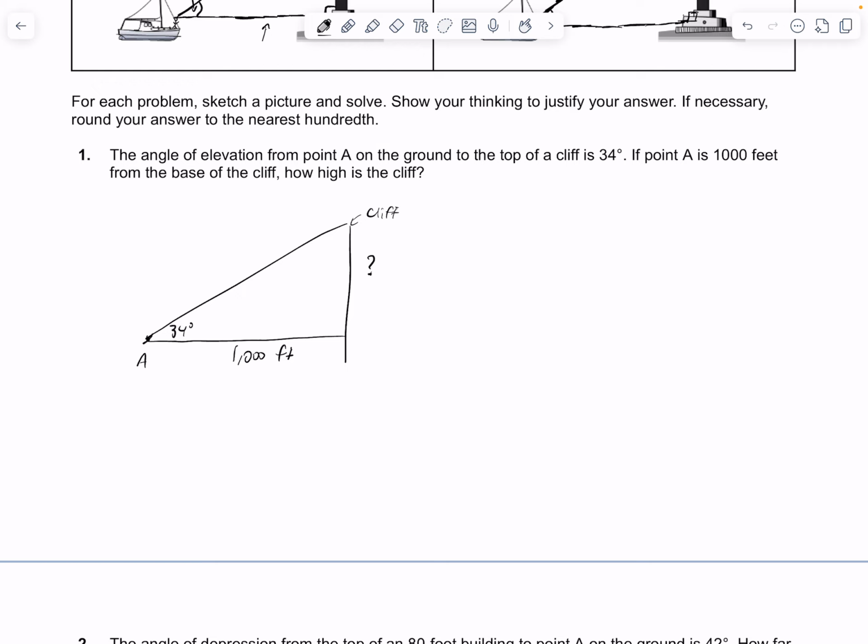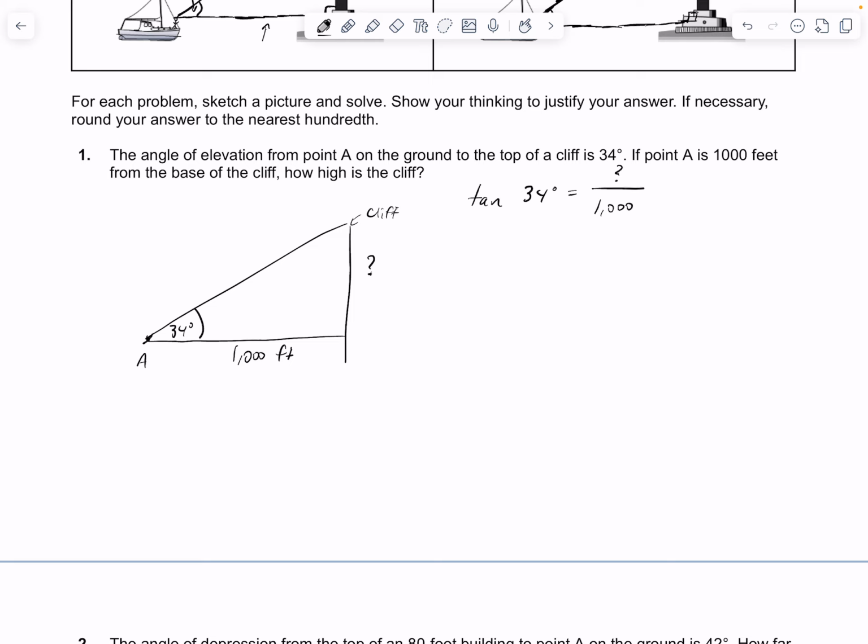In this case, using my trigonometry understanding with SOHCAHTOA, I'm looking for the side that is opposite my angle of 34 degrees, and I'm given the adjacent side, the distance from the base of the cliff to the point. So I'm going to use tangent to solve this one. Tangent of 34 degrees equals, I don't know how high the cliff is, over 1,000 feet.